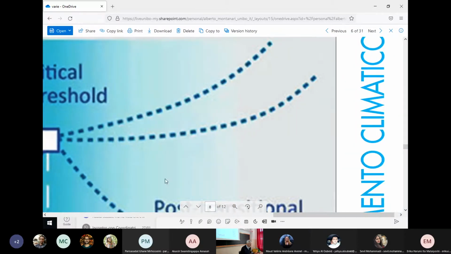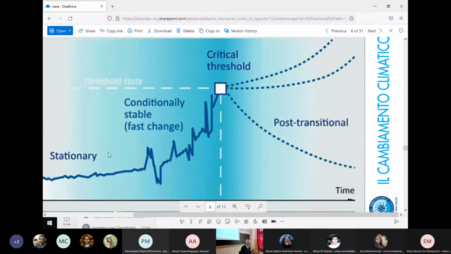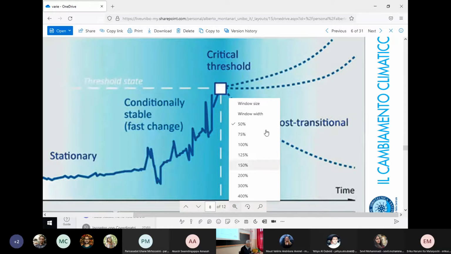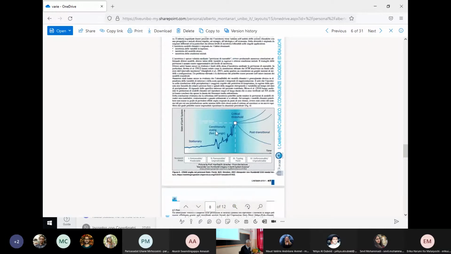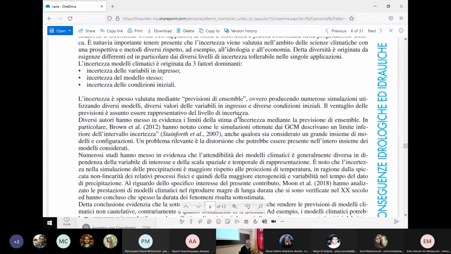Maybe 100 is fine, less than that. 75, 50. Okay. This is the figure that I wanted to show you, and let me see, window size, still no, this is too slow. Window width, okay, very good.